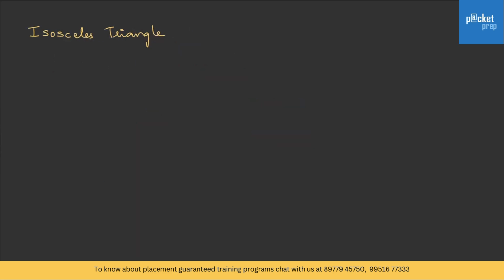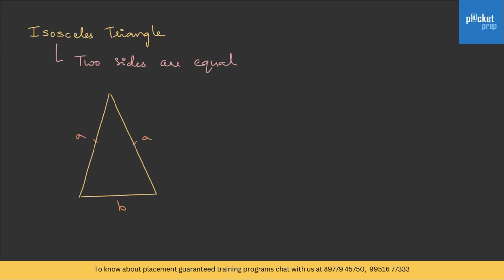Now we have the isosceles triangle. Here only two sides are equal. Here is a sample figure with the sides as a and a. These are the two equal sides, and the third side, let's take it as b. Let the height of the triangle be h and this part will be b by 2. Now again using Pythagoras theorem, I can write h is under root of a square minus (b by 2) whole square, or this is 1 by 2 under root 4a square minus b square.